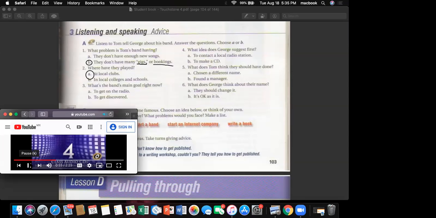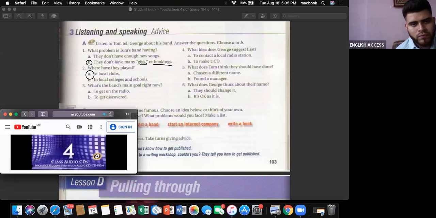Get our name out there, get ourselves known, you know, so we can play at more places. Well, you could contact the local radio station, couldn't you? That might lead to something. I mean, they support local bands. Yeah, that's a good idea. And it'd be good to make your own CD, wouldn't it? Then you could send your CD out to radio stations and clubs and things. I mean, it would be really great if you got discovered by a recording company or something, wouldn't it?